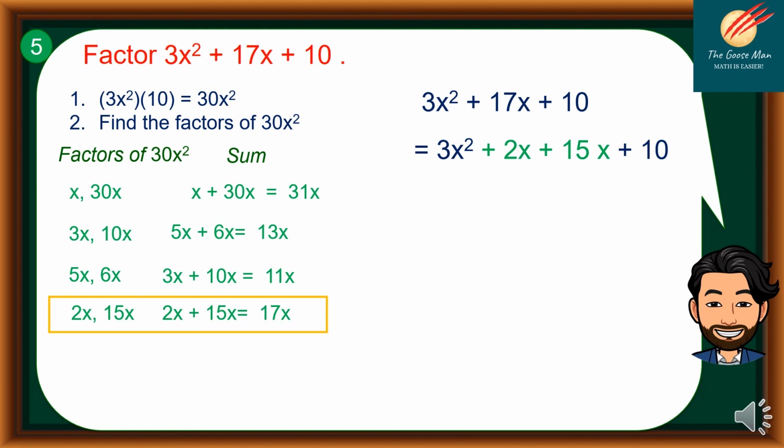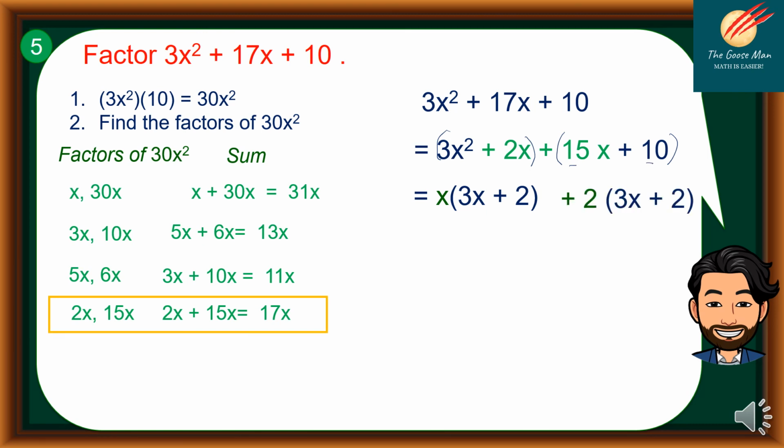I'll regroup 3x squared and 2x, as well as 15x and 10. Look for the greatest common factor of 3x squared and 2x, which is equal to x, leaving 3x plus 2 inside as the factor, while the common factor between 15x and 10 is equal to 5.